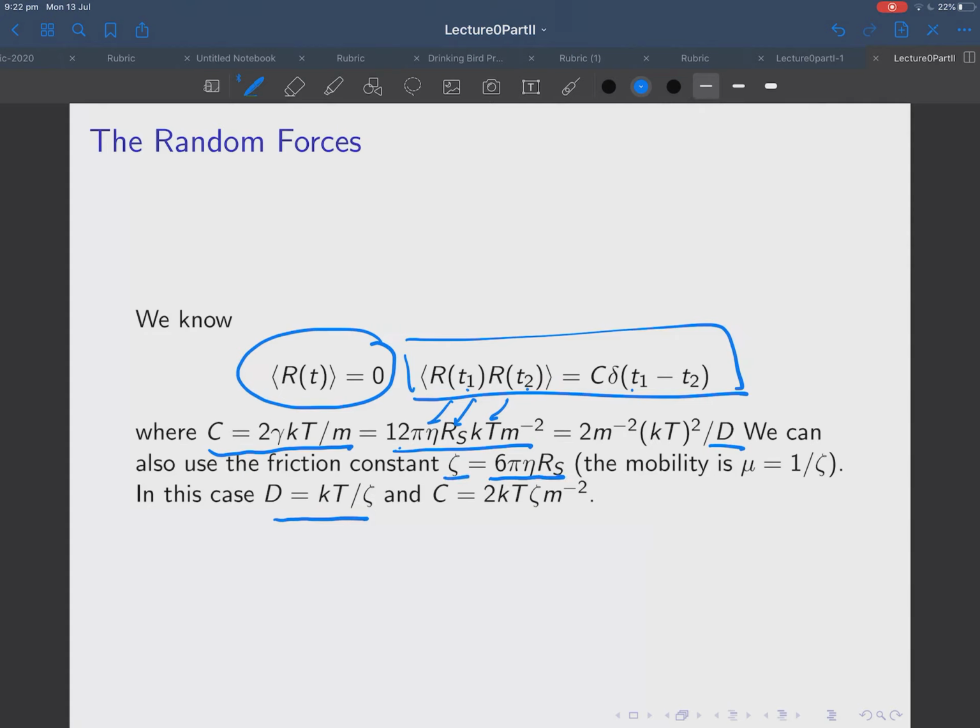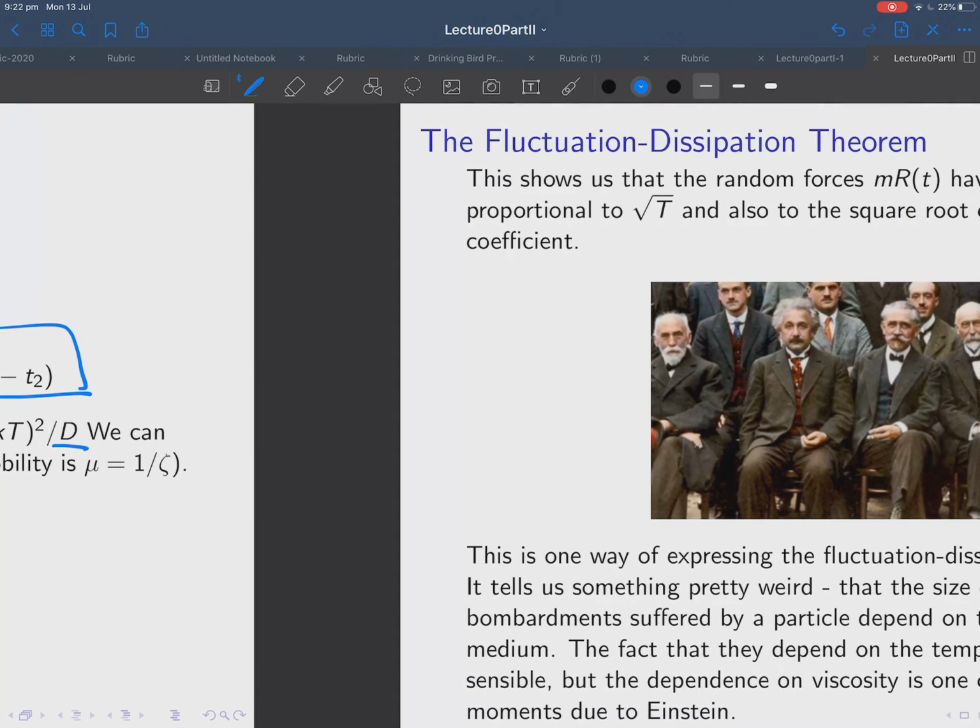And this here, this Greek letter squiggle, is the mobility. It's one on the mobility. Okay, so a lot of constants floating around here, but effectively what we've done is we've derived how big the random forces are. So now we know roughly how big they are, and their mean is 0.